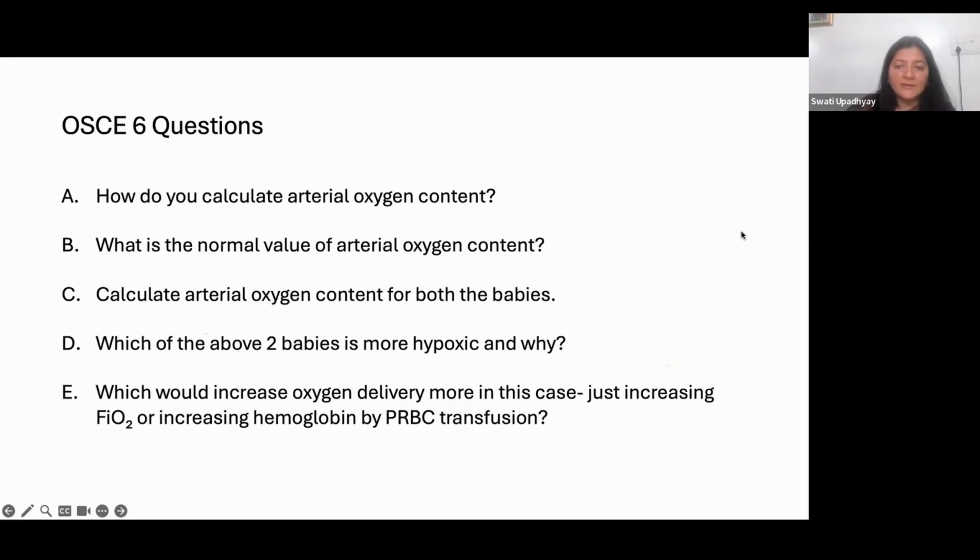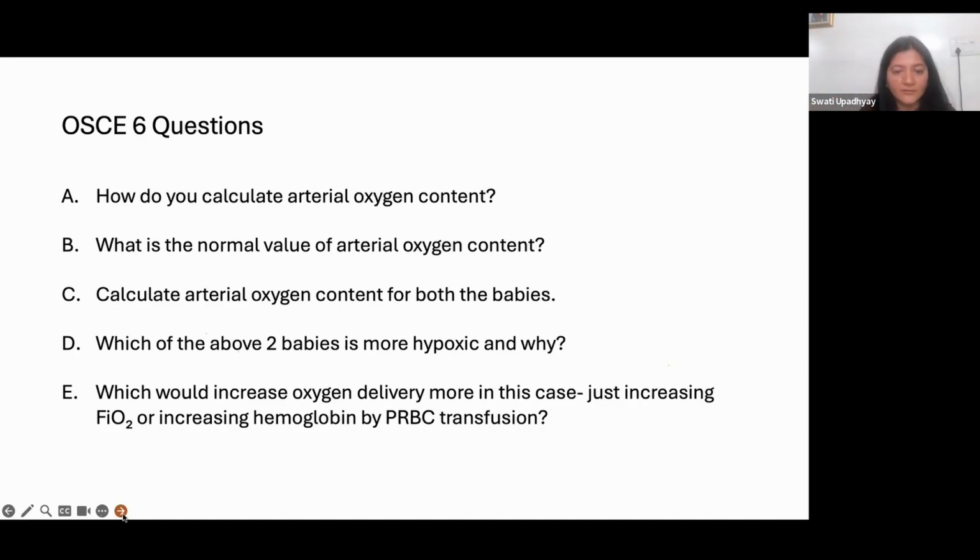Now, with the same formula, when we calculate the arterial oxygen content of both the babies, we will see that baby A is having, what is the arterial oxygen content? Has anybody calculated? Yes, very good. So baby A is having, yes, I think correct.